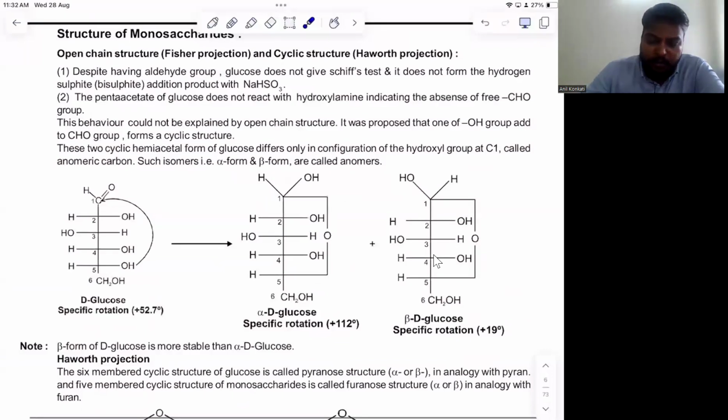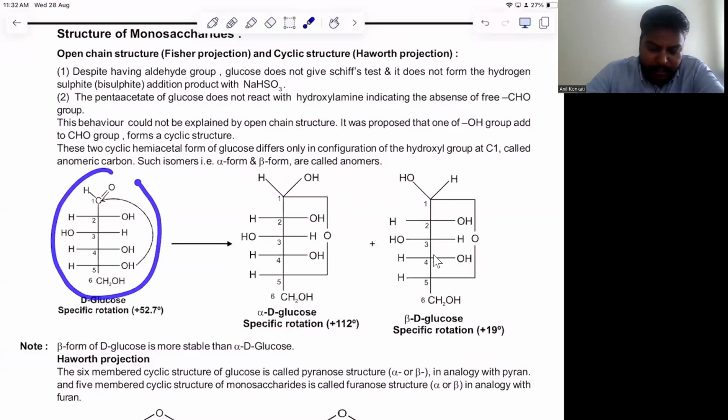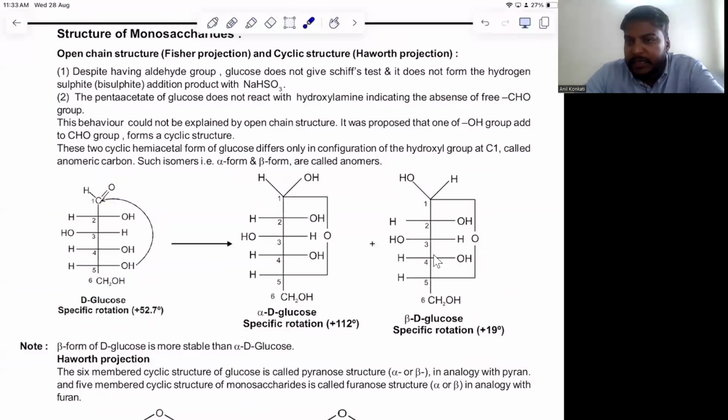If you notice an open chain Fischer projection, this is an open chain of D-glucose. Within the molecule, we have an aldehyde group as well as an alcohol group. And usually it will try to form a more stable ring. So from the fifth carbon onwards, this OH will start attacking this carbon. As it attacks, this will become O minus and this H will be taken by this oxygen and convert into OH.